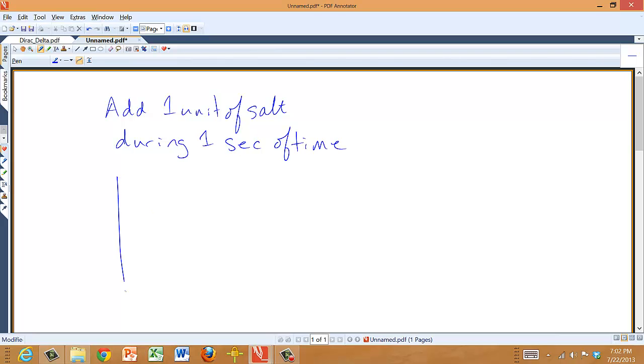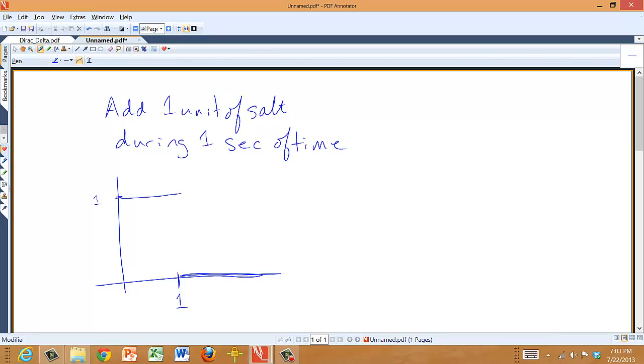Then if I plotted the rate at which I'm adding salt, I'd be adding salt during the first unit of time, and I'd be adding it at a rate of 1 unit per time unit. So my rate would be 1 here, and then at time 1 it would die off.